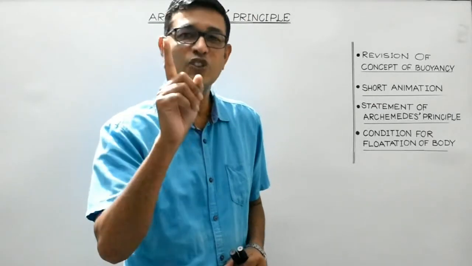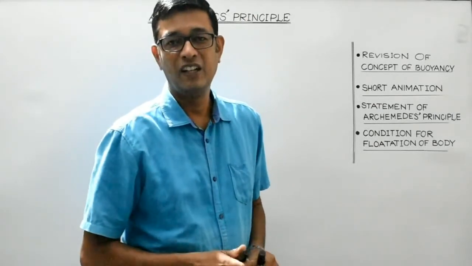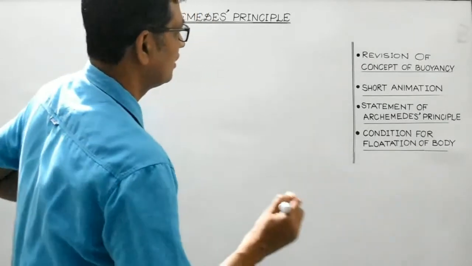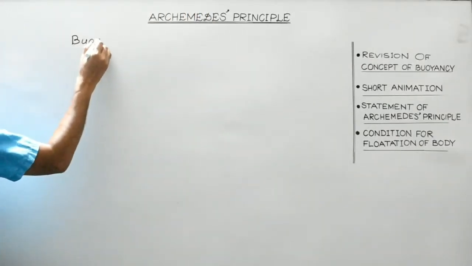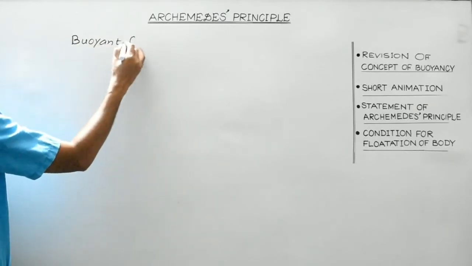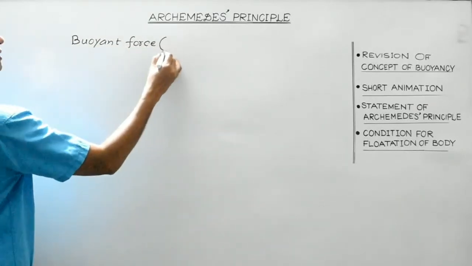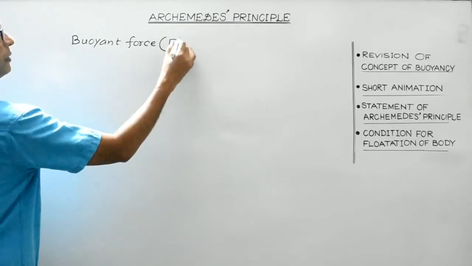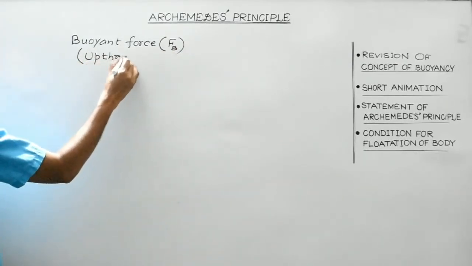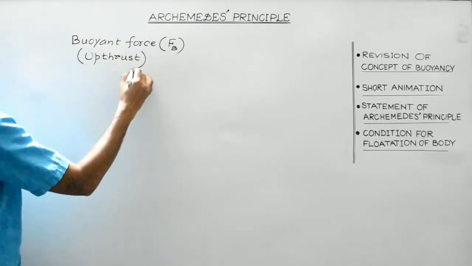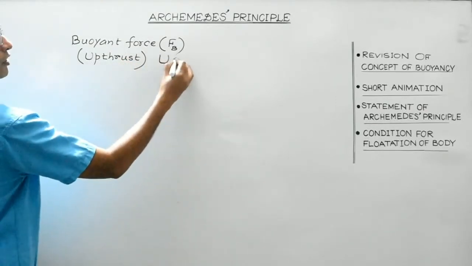So that's the cause of buoyancy. Right? The buoyant force can be written as FB, or it is also known as upthrust, upward force. It can be represented by capital letter U.